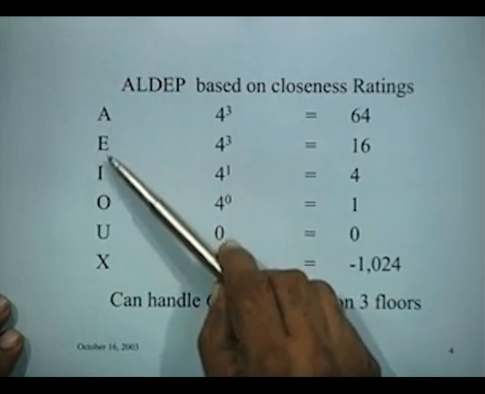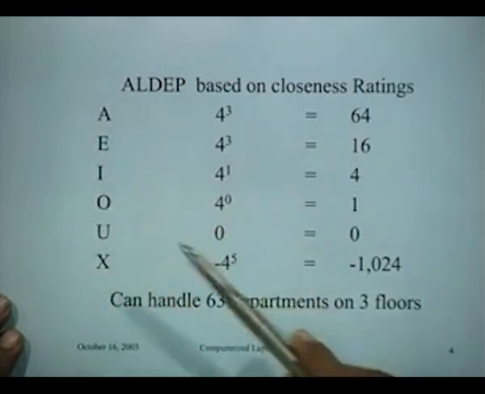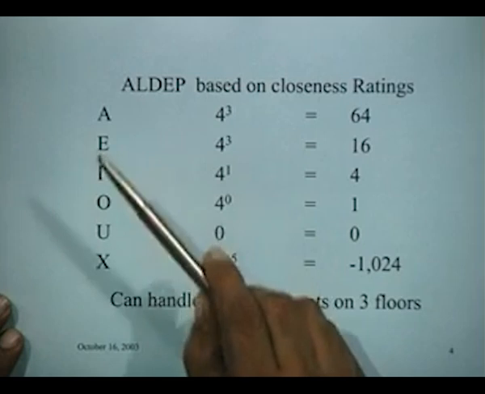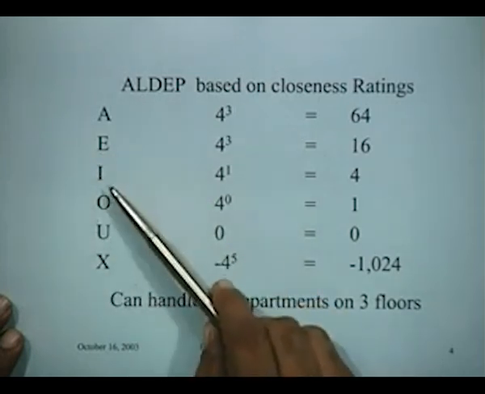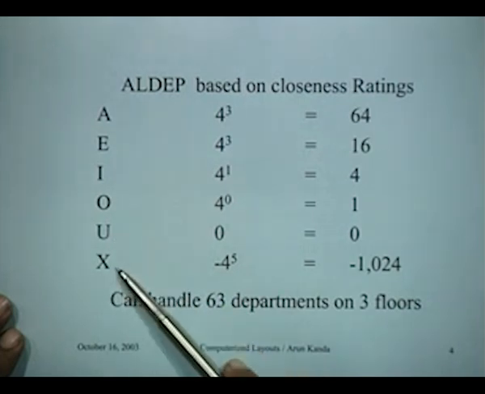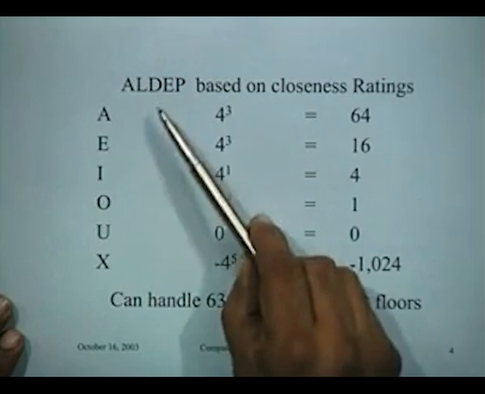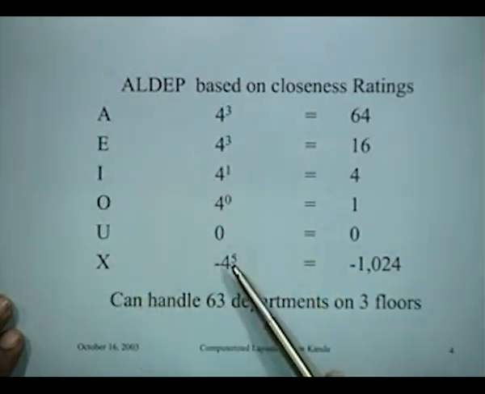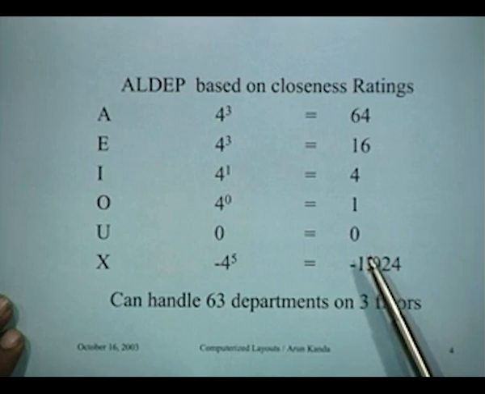If you recall the discussion that we had in the last lecture about systematic layout planning and the procedure for systematic layout planning, we saw that there, after computing the material handling relationships, you assign certain activity relationships between all pairs of departments, and these activity relationships were called A for absolutely essential, E for essential, I for important, O for ordinary closeness is okay, U for unimportant, and X undesirable.